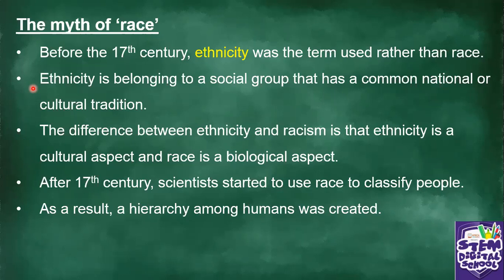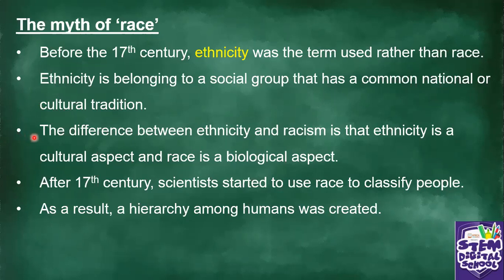So this ethnicity was used before the 17th century, before race was used later on. Back then, belonging to a social group that had the same cultural tradition was called ethnicity.